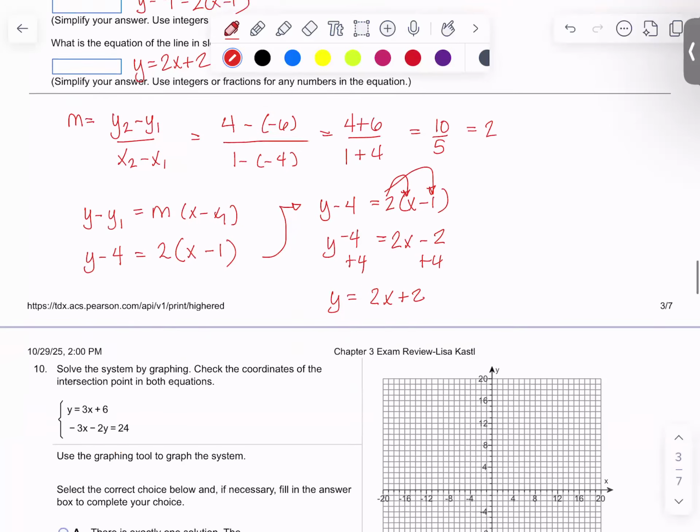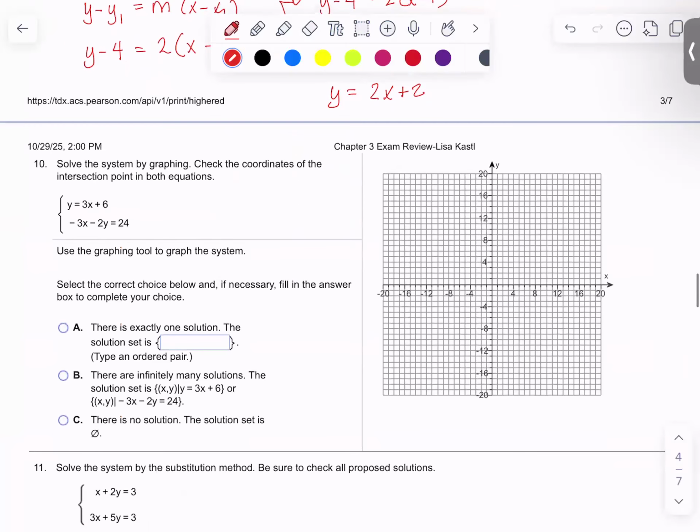All right, problem number 10. Solve the system by graphing. All right, so I'm going to graph both these lines. I would graph this line using a point and slope intercept, because it's in slope intercept form.